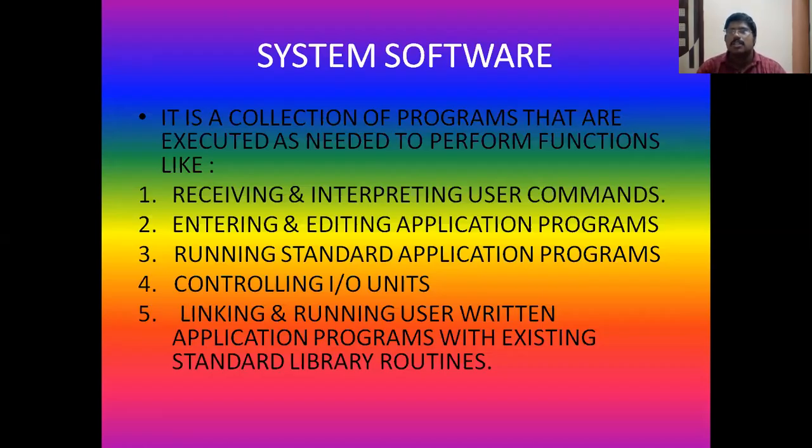So these are the basic features that a system software should possess. What is meant by system software? Software itself means a group of programs. The software should consist of a group of programs, but all the programs should not be executed simultaneously.